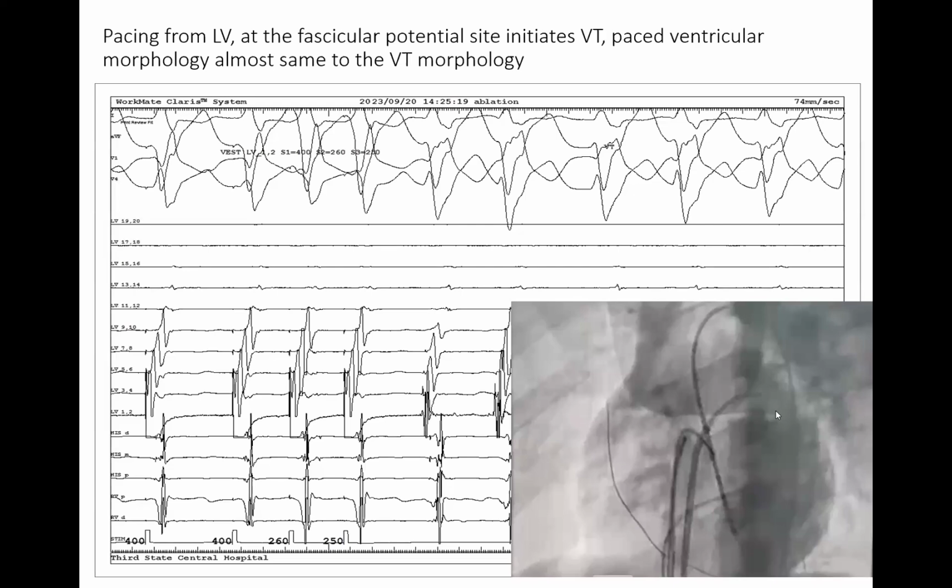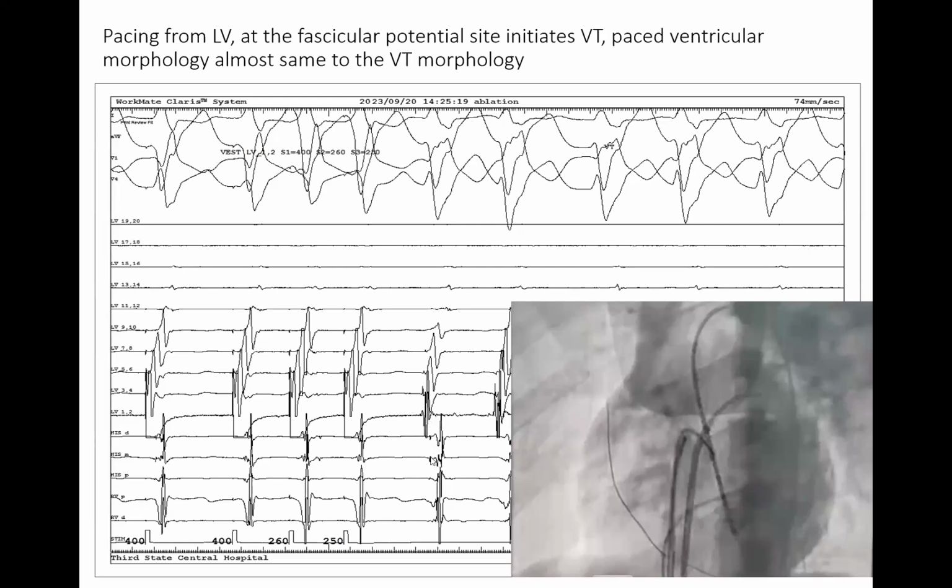We put the Duodeca catheter into our left ventricle by the transaortic approach through the aortic valve, and we started mapping. During our VT, you can clearly see here a fascicular potential before the ventricular potential.